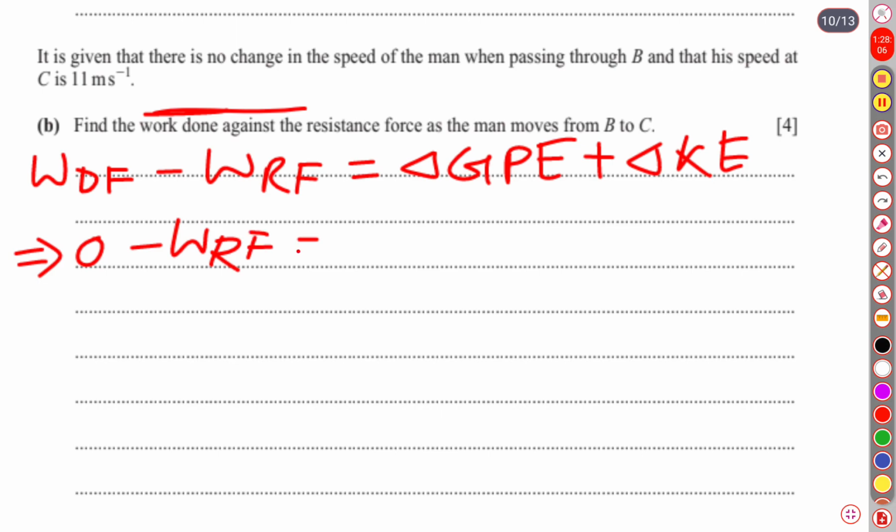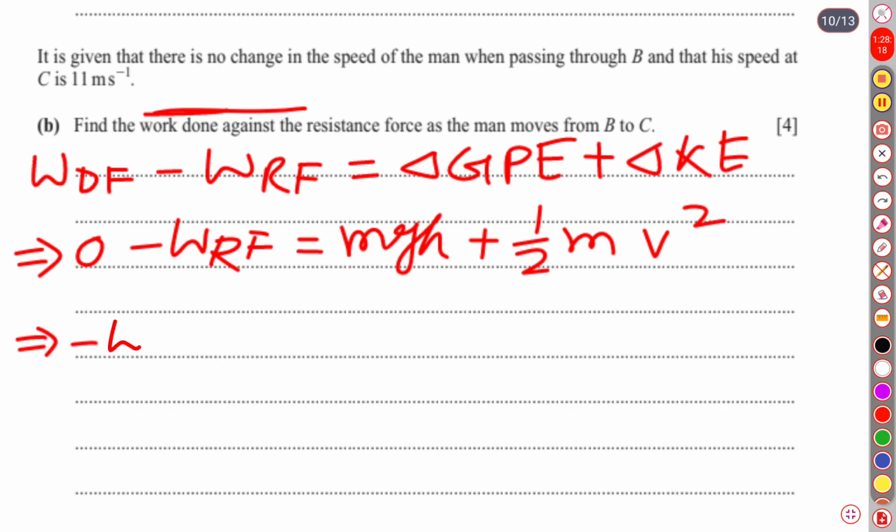Resistance force is equal to change in GPE, which is mgh, plus half of m v square. Work done by resistance force is equal to, mass of the person was 80, and acceleration due to gravity is 10.